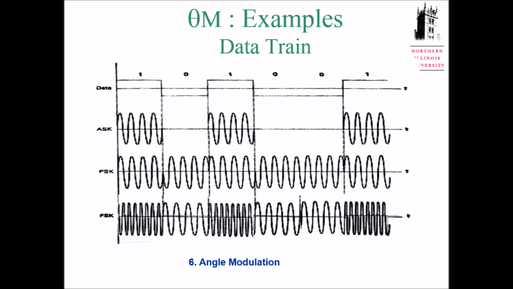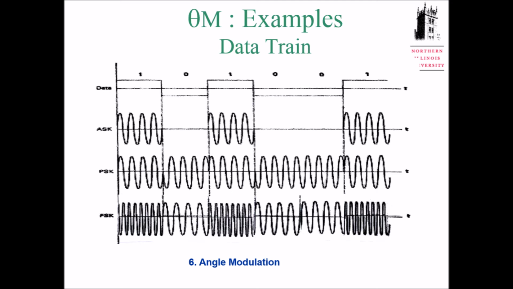Okay, this example we showed before, and we have a digital sequence as my information because this one is ASK, amplitude shift keying, PSK and FSK. We also mentioned controlling amplitude and phase is easier compared with controlling frequency. Different frequencies need different oscillators.